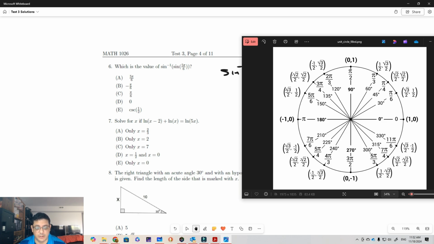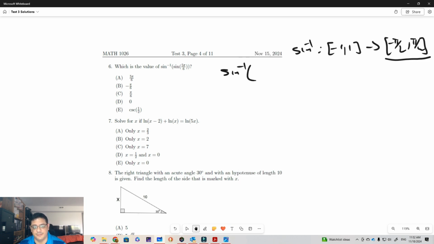That sounds like it's going to be an angle that is in the second quadrant, since it's before pi, which is 6 pi over 6. You can see that for 5 pi over 6, the sine is going to produce 1/2. So we get sine to the minus 1 of 1/2, and that's going to be a certain theta. That's the angle that we're going to get, and so this means that the sine of theta should be 1/2.